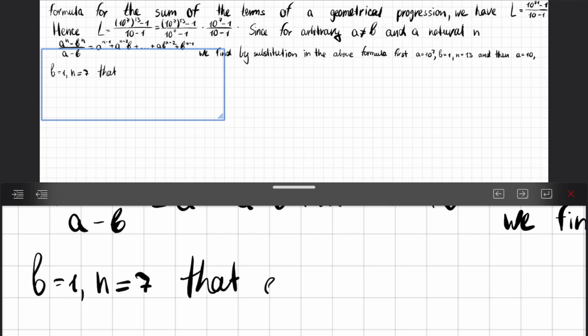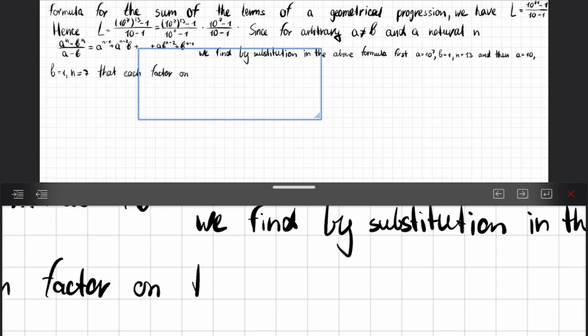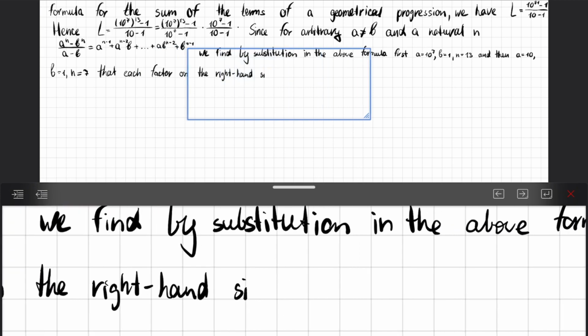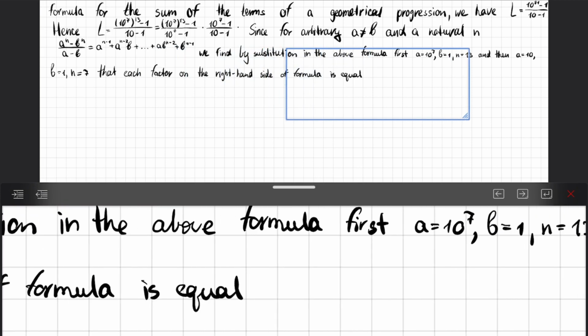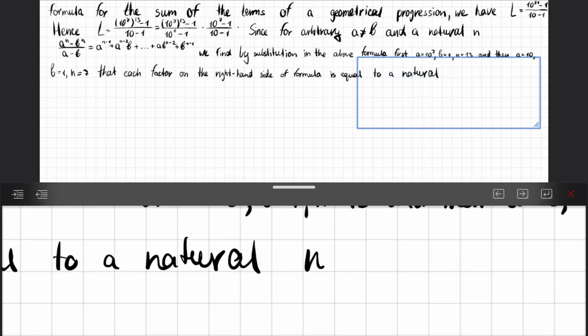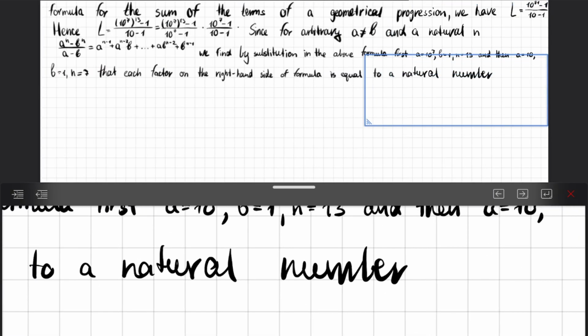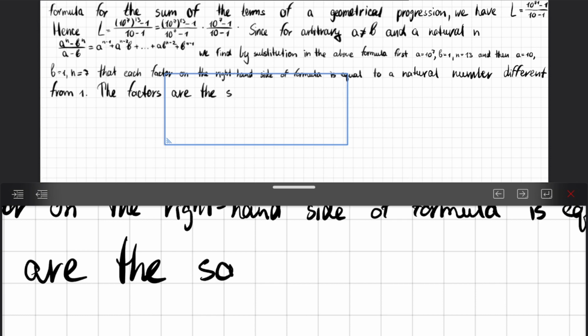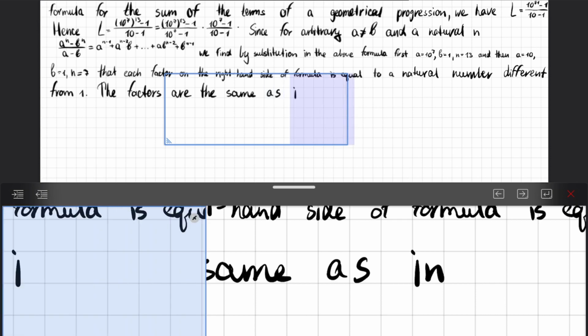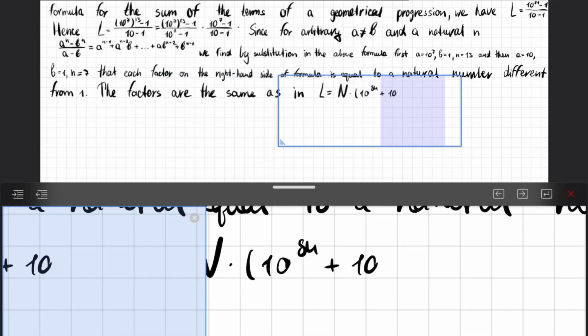So we find that each factor on the right-hand side of the formula is equal to a natural number different from 1. The factors are the same as L equal n times 10 to the power of 84 plus 10 to the power of 77 plus and so on, plus 10 to the power of 7 and plus 1.